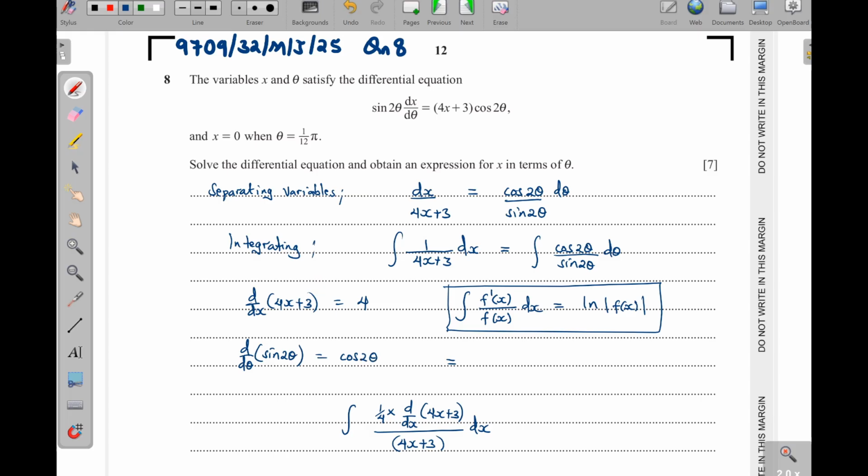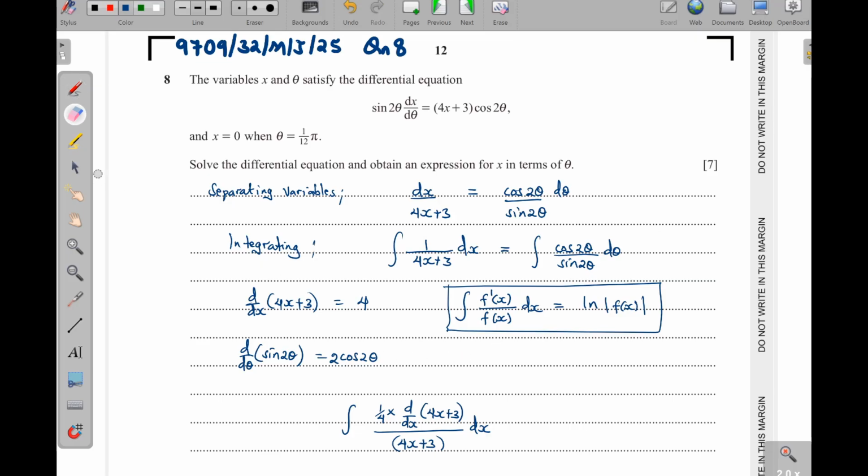Cos 2 theta. Now, if you get cos 2 theta, you will also go inside here, you differentiate the 2 theta, you will get a 2, not so? Now, you can see that we are also getting what is up here. Now, how do I transform this one into this? By multiplying by a half, not so?